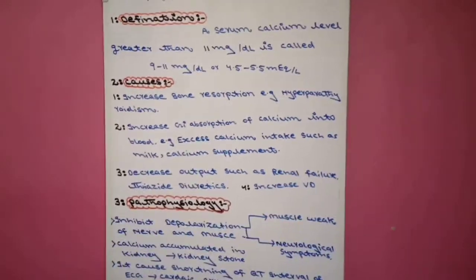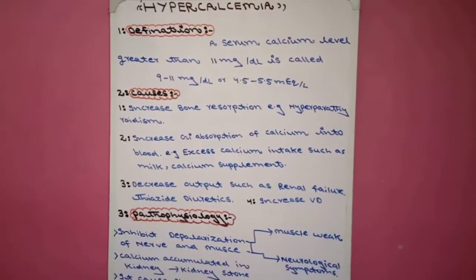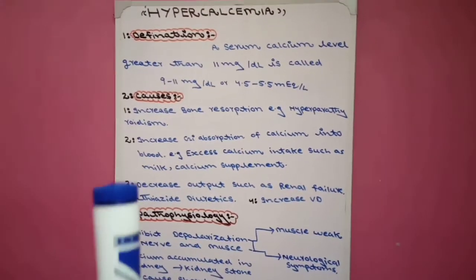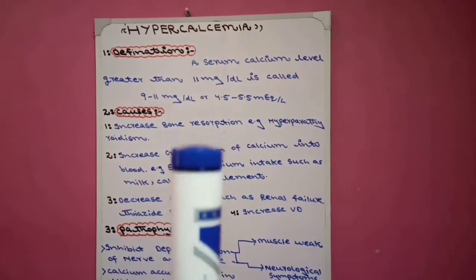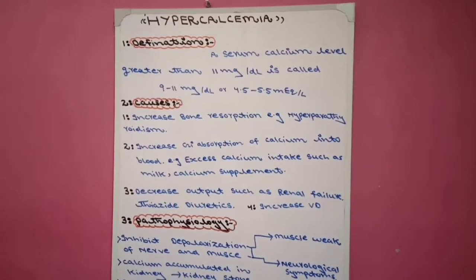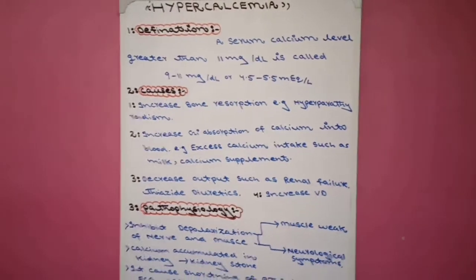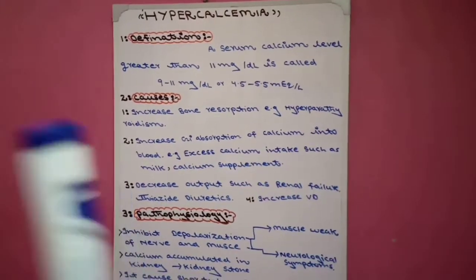Now come to causes. There are 4 causes of hypercalcemia. Number 1 cause is increased bone resorption, for example in hyperparathyroidism.